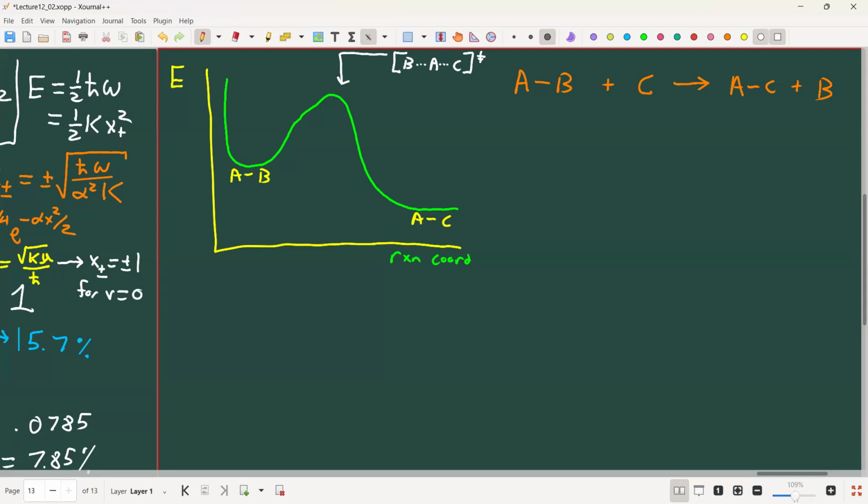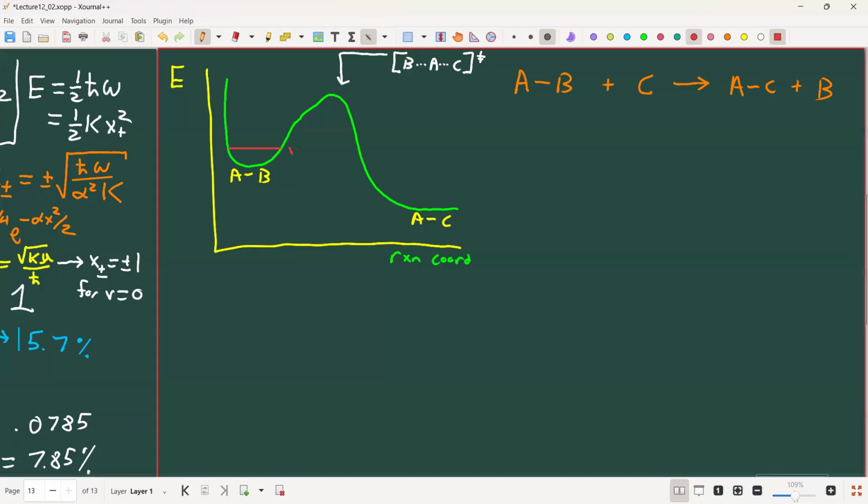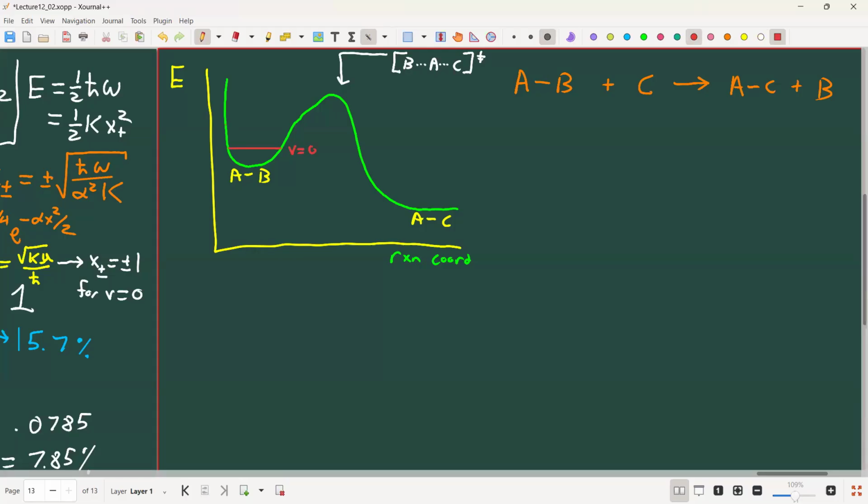All right. Well, let's think about the molecule AB. AB has some vibrational states, some vibrational energy. So we could put energy levels for AB, the vibrational energy levels, in this potential energy curve. So we could just mark them. Let's just say, for instance, that for AB, this is V equals 0. And then we've got one at V equals 1.